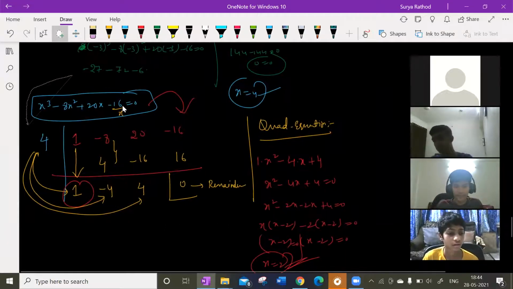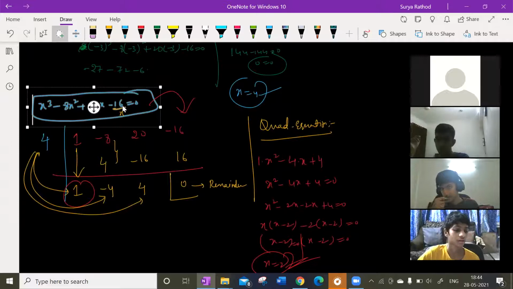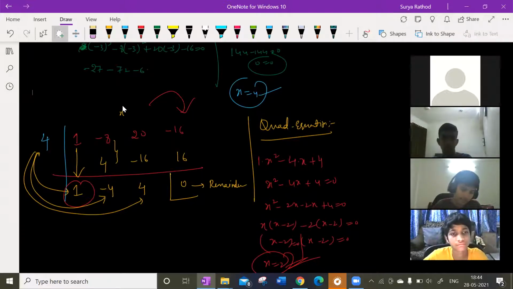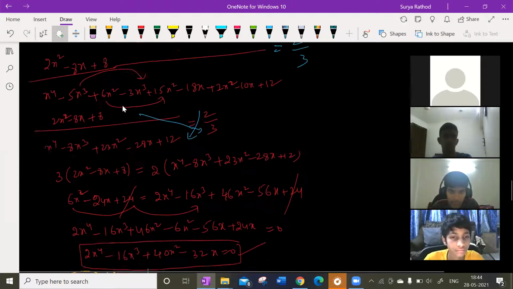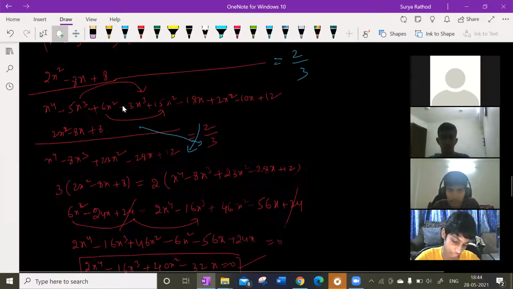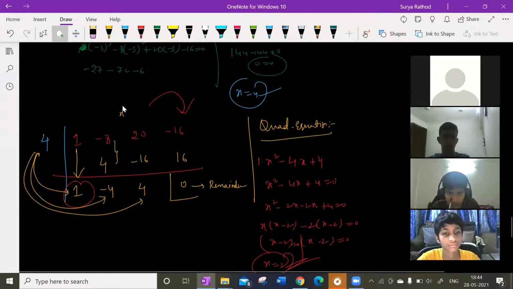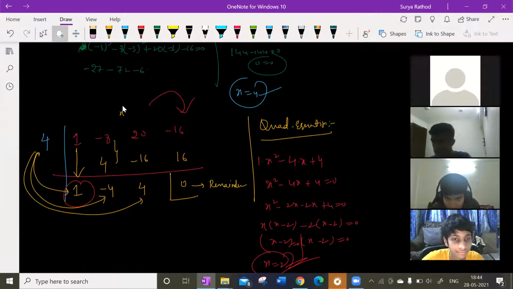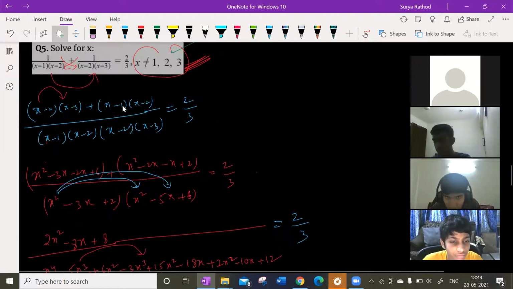Sir, I have a doubt. The answer is 2, right, for this? Yes. But in the question they gave x is not equal to 1, 2, 3. Yes. Then our calculation is somewhere wrong. What must be the equation now?